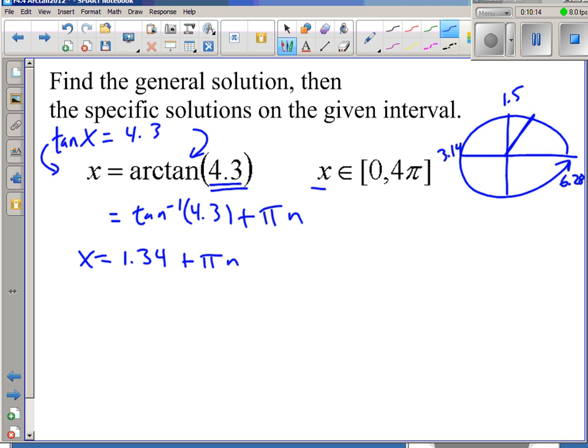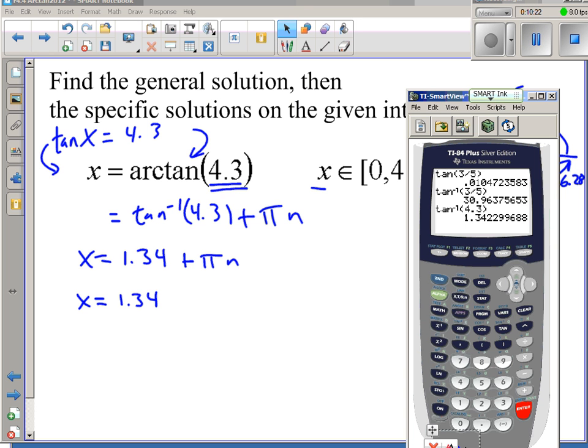So if I get all my values, I'm going to get x equals 1.34. I'm going to add pi, but I'm not going to do that in my head. I'm going to do plus pi, that's second caret. I get 4.48, 7.62.